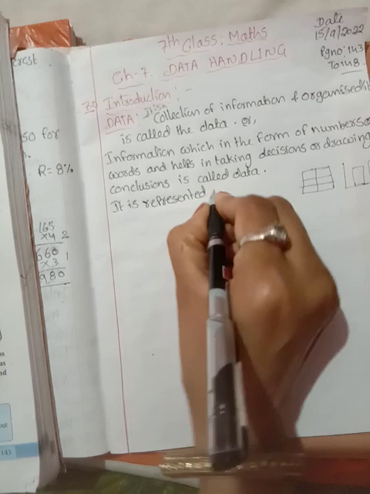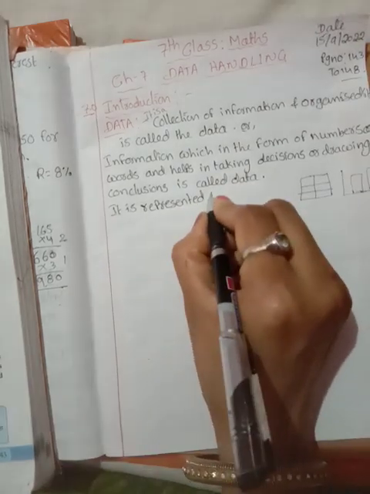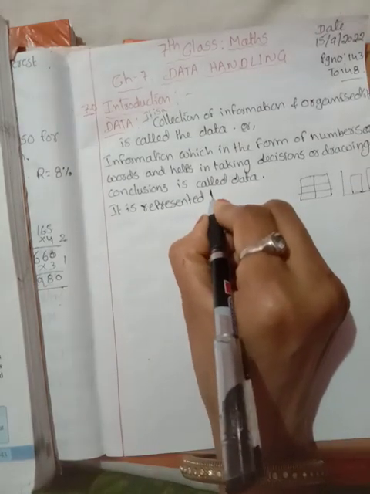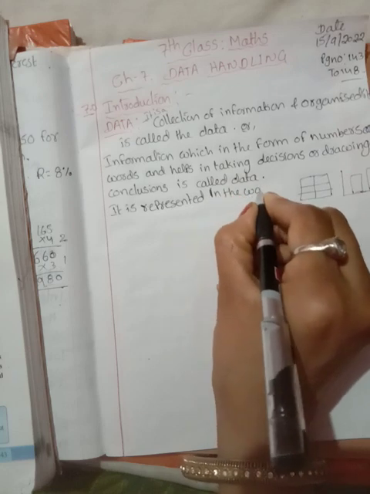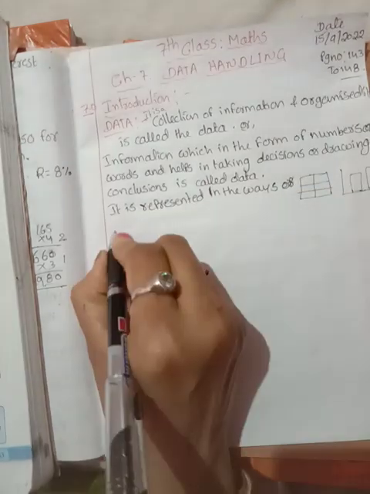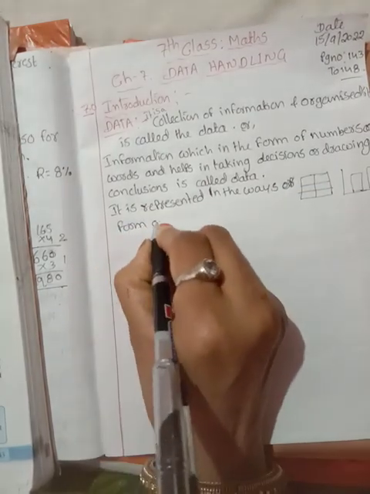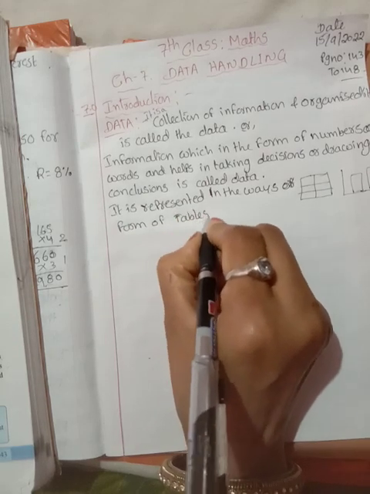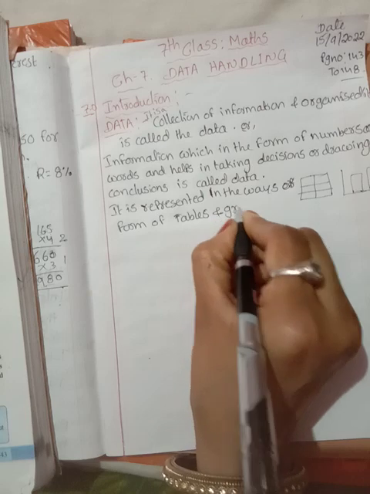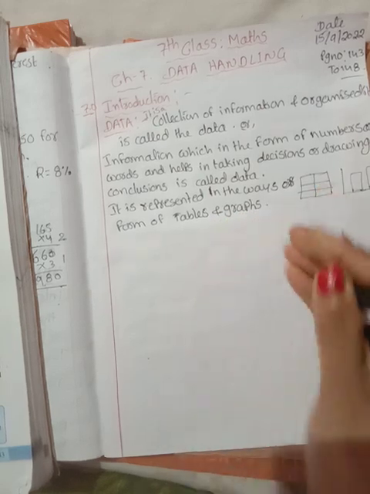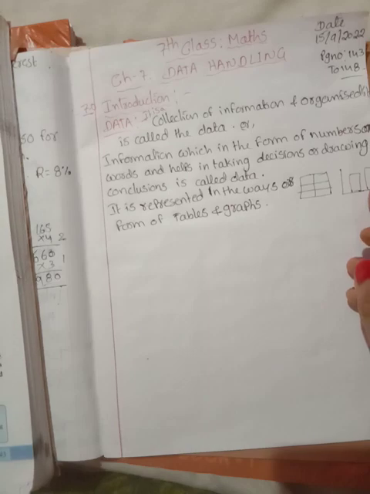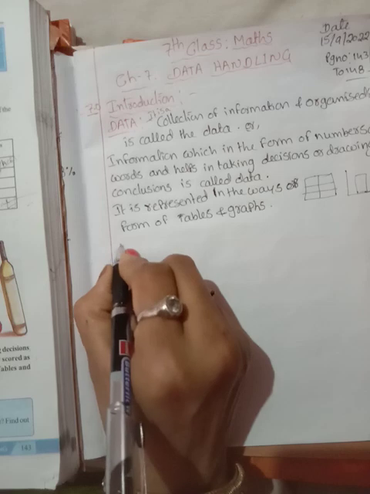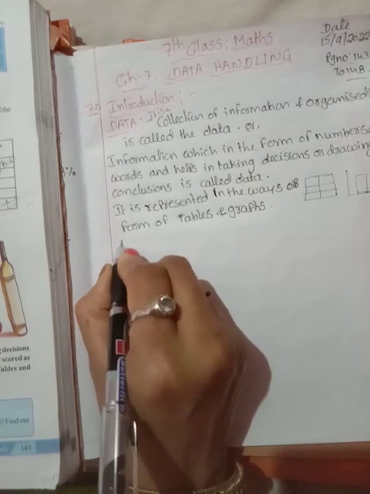It is represented in the form of tables and graphs. Data can be represented in tables, and graphs are also data. You studied this in your previous grade also. Now, another point.